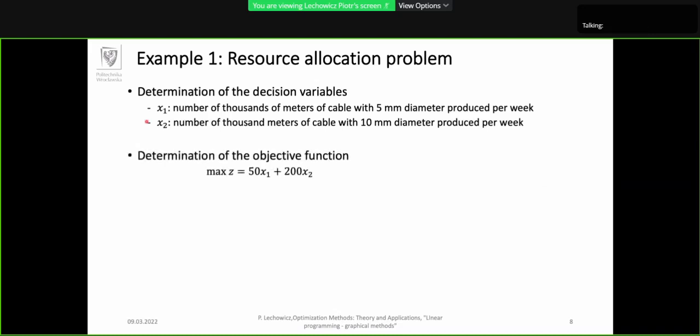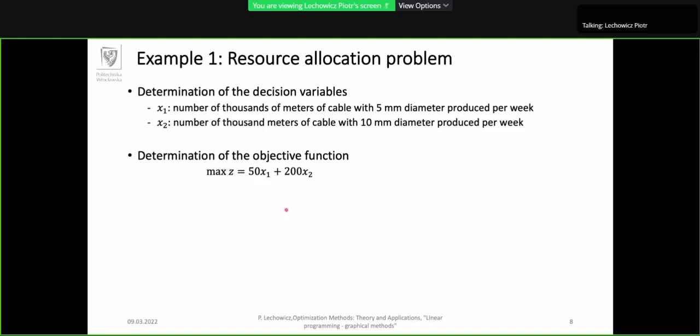Next, we have to determine the objective function. We want to maximize the profit. To know the profit, we have to multiply the price for each meter of cable by the number of meters produced per cable.